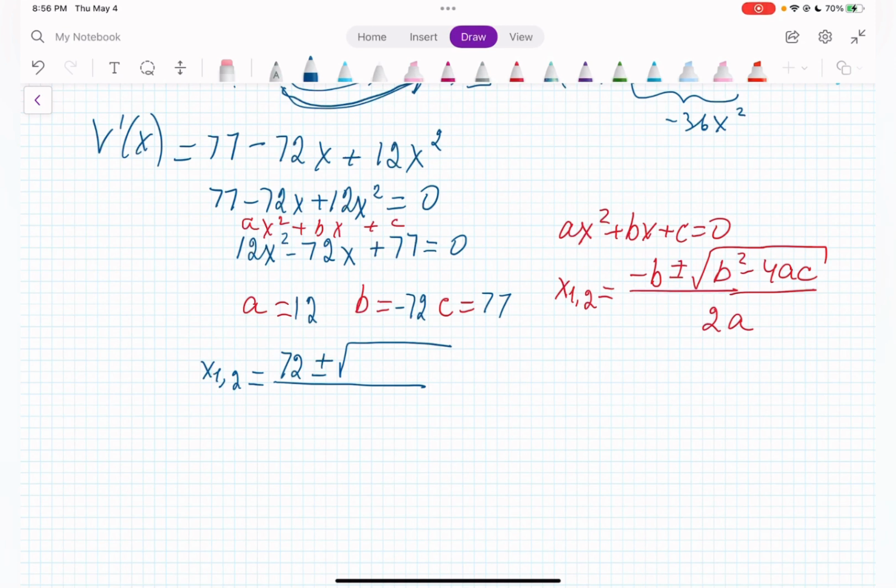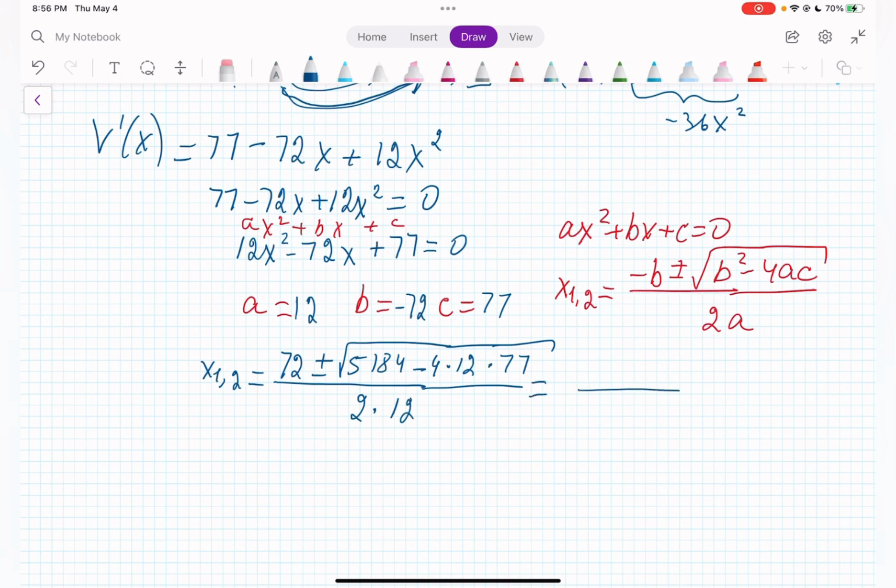Okay, let's do it. So 72 times 72 is 5,184, minus 4 times a, 12, and times c, 77. So 4 times 12 is 48. 48 times 77 is 3,696.